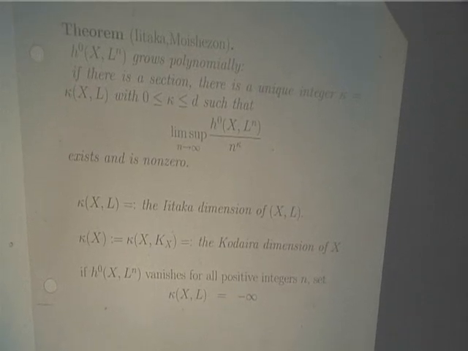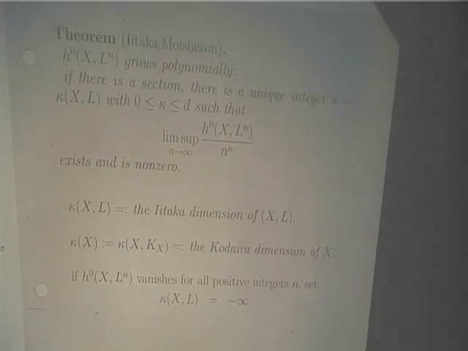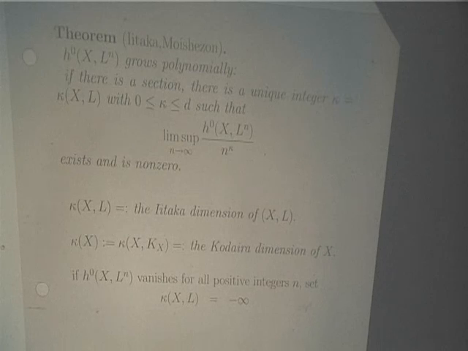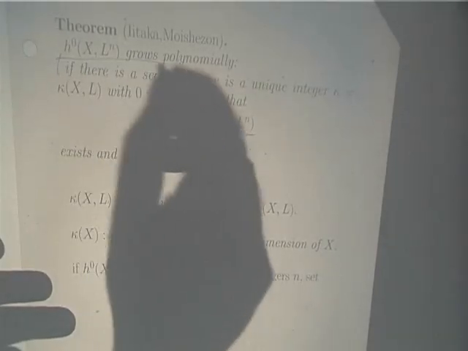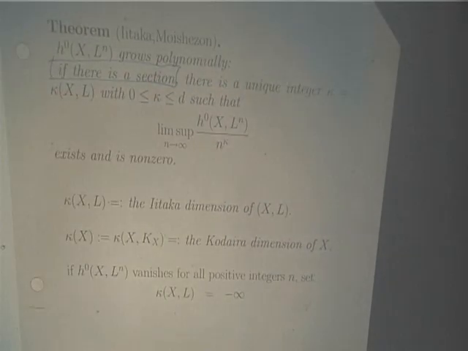Then that lim sup is well defined for a particular integer kappa, for which this is a well defined and non-zero number. Note that there's an assumption here: if there is some section, then it grows polynomially.